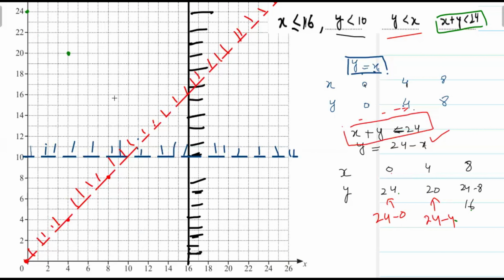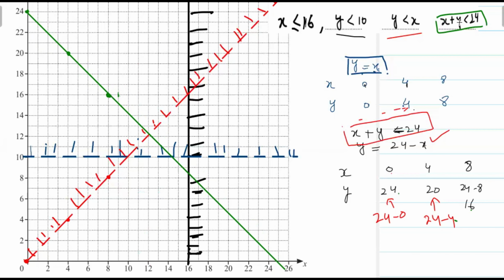This will be the position of 8, 16. Next, we will join these points by a straight line. Look here, this is the position of 8, 16. Therefore, this is our required line.